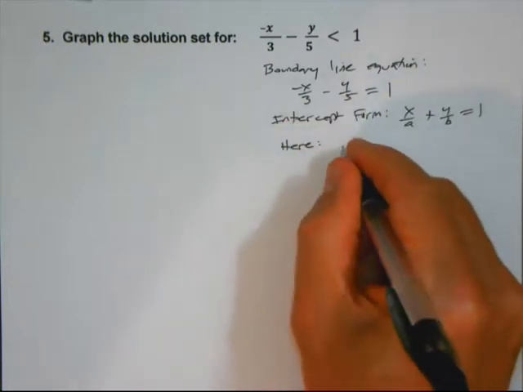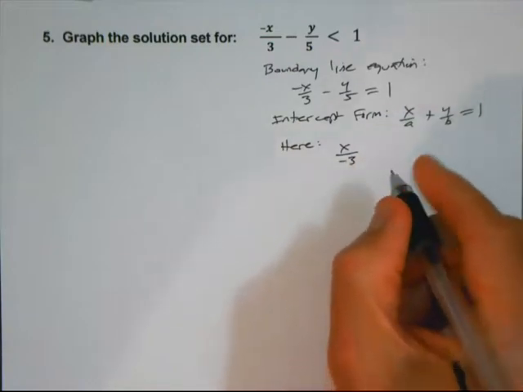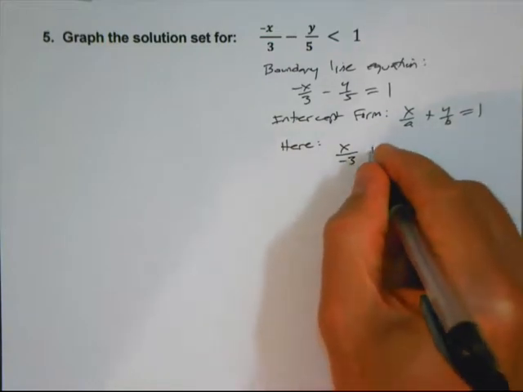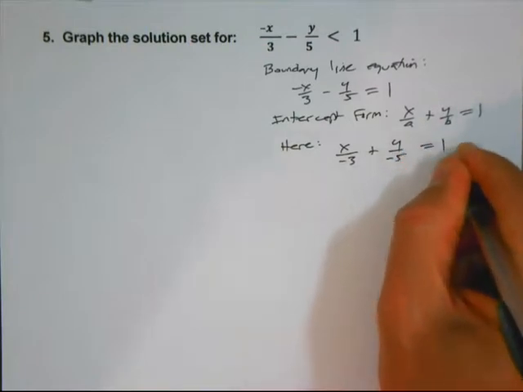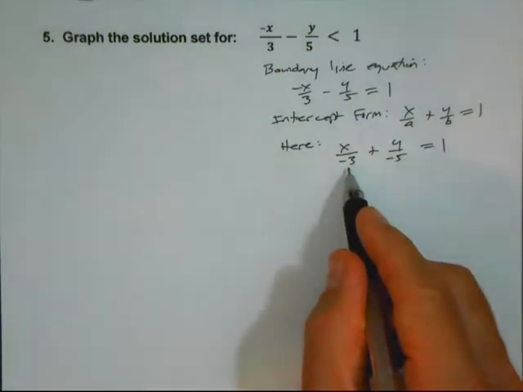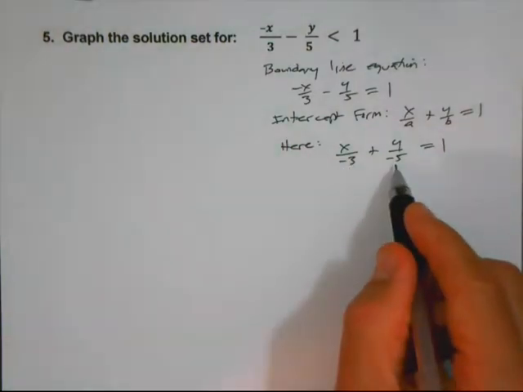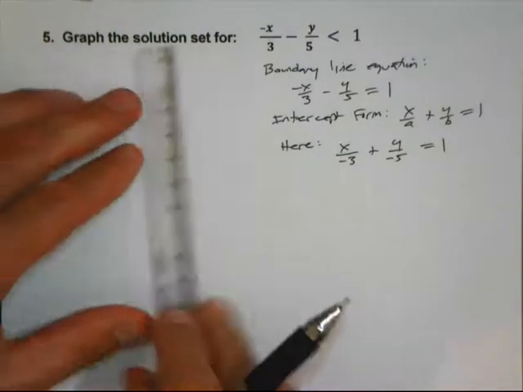We can write it as an x over negative 3 to clearly expose this, and then plus a y over negative 5 equals 1. Alright, we have an x-intercept at -3, a y-intercept at -5. We begin our graph by making a lot of space for the third quadrant, it appears.